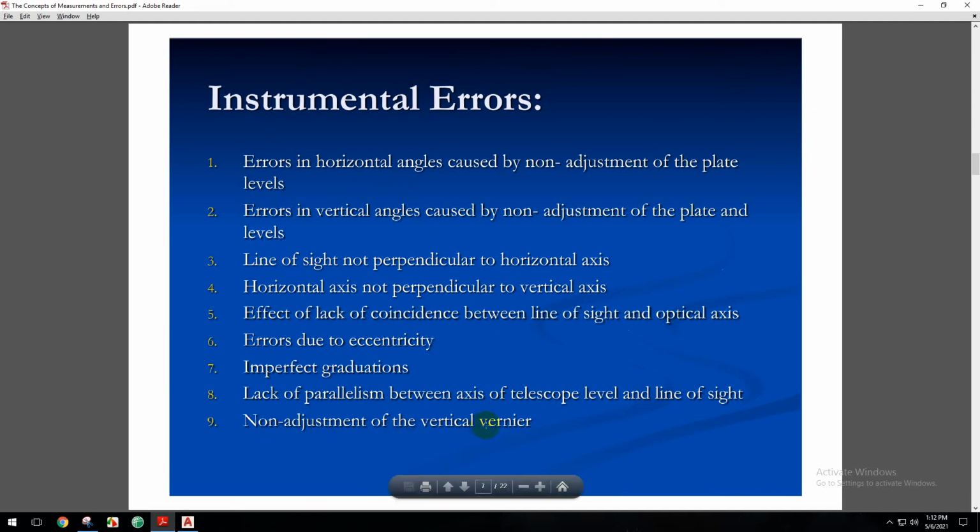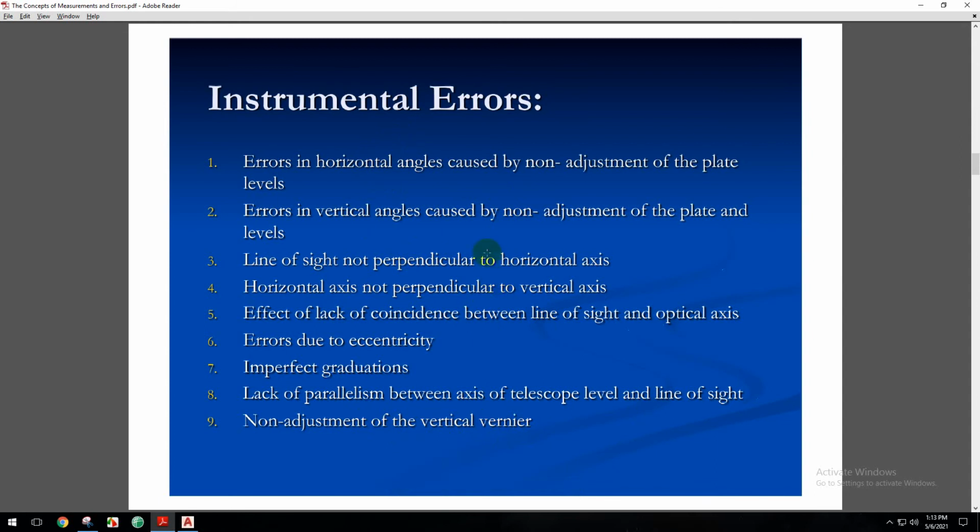So again, ang vertical vernier makaapekto sa imong mabasa nga vertical angles. So mao na imong errors nga caused by instrument. Mao nang advisable nga ipa-recalibrate ang imong instrument. Kung sige ka gamit, mas better once a year, or kung chill lang imong paggamit, once every 2 years.